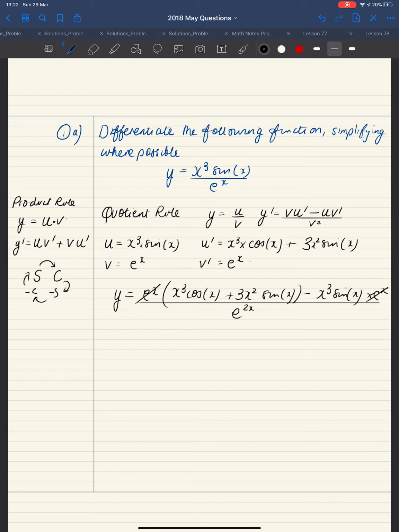So now we've got to simplify the e's to the x's. They divide from the top, and then the 2x becomes 1x on the bottom. So we have that's y dashed, not y.